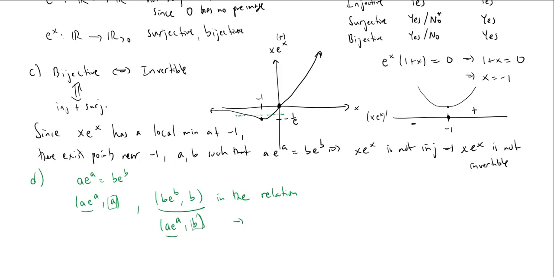Okay, so this implies that the same element, A e to the A, has two images, A and B. Therefore, the relation is not a function.